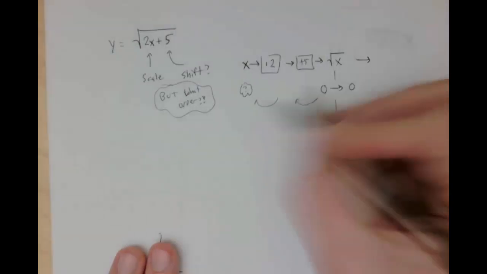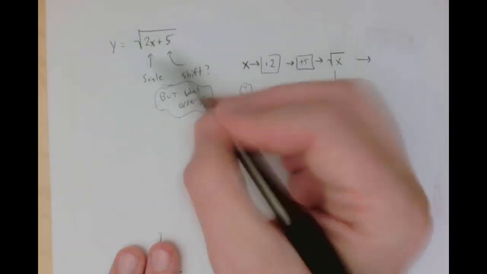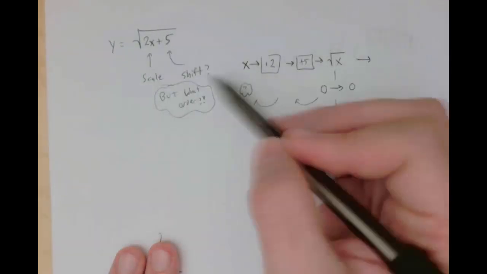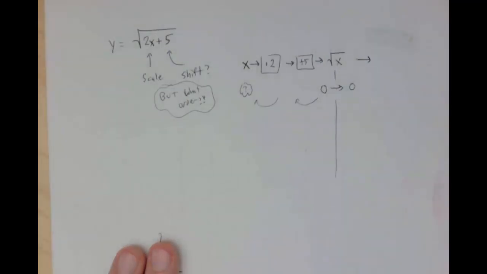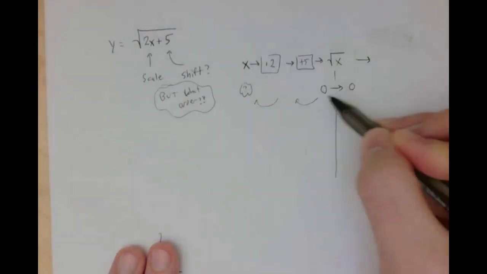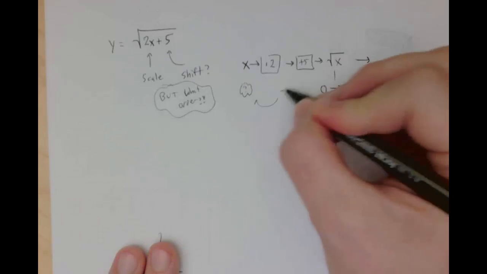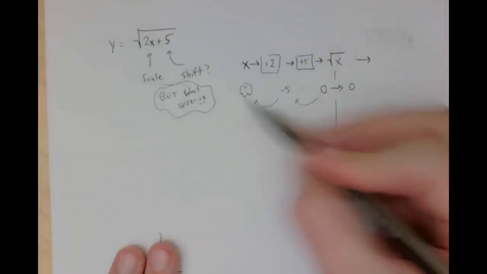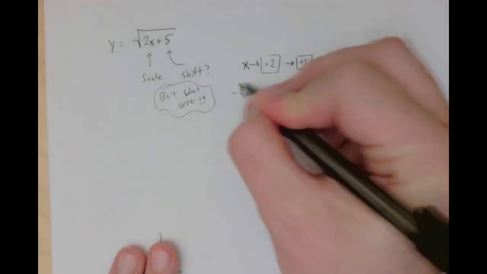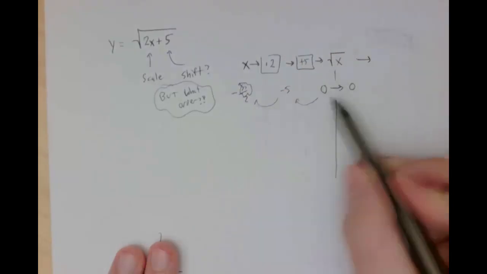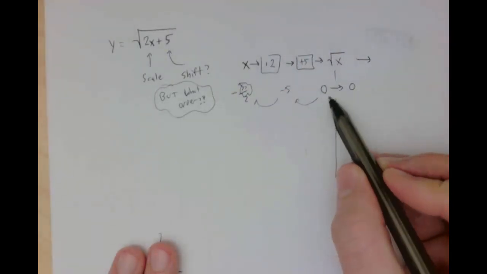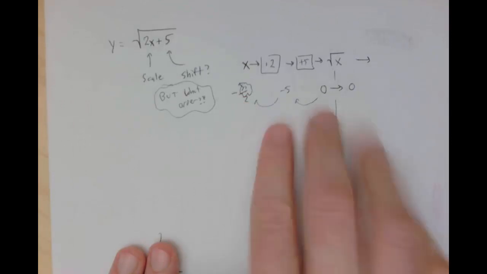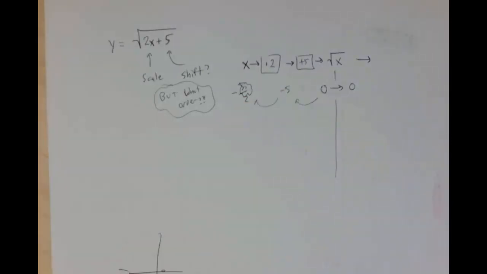So it's like solving for when this expression equals 0 on the inside, which is the same as finding the inverse function. So I'll subtract 5, so that's negative 5, and here I'll divide by 2, so that means negative 5 halves is the point that acts like the old 0. And so that corresponds to two transformations. So that kind of thinking is going to happen later in the year.